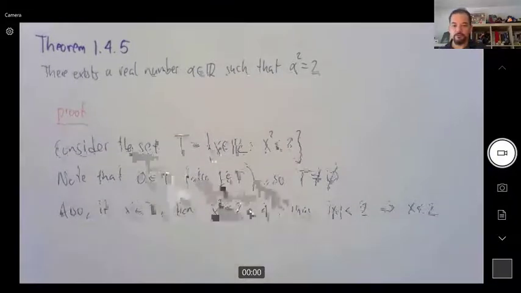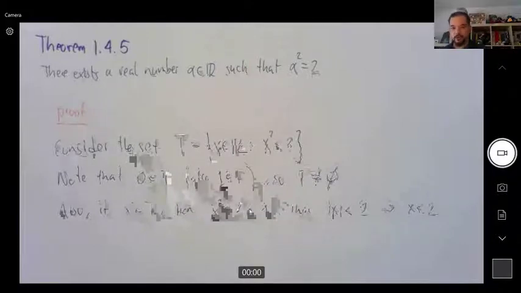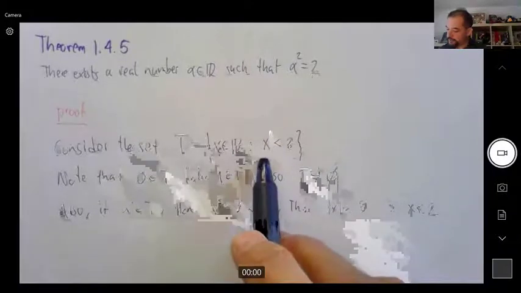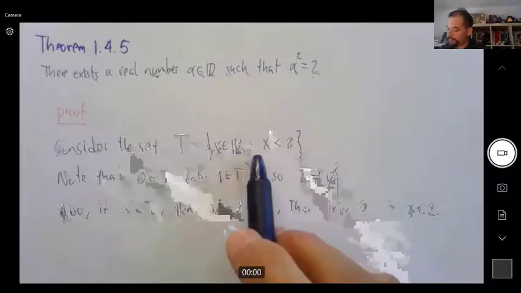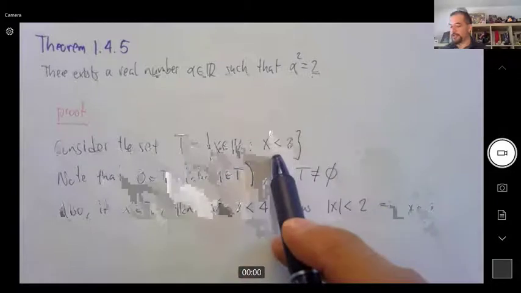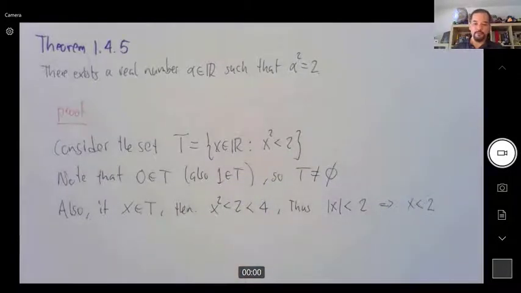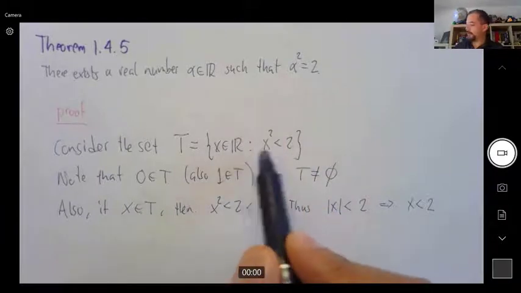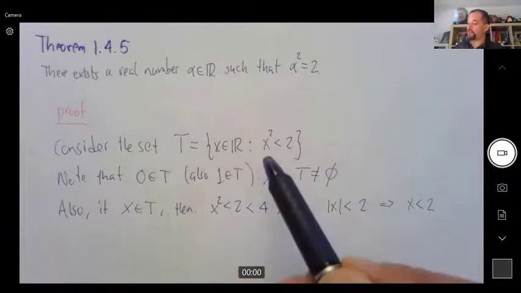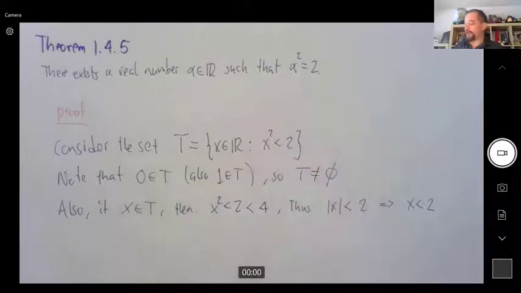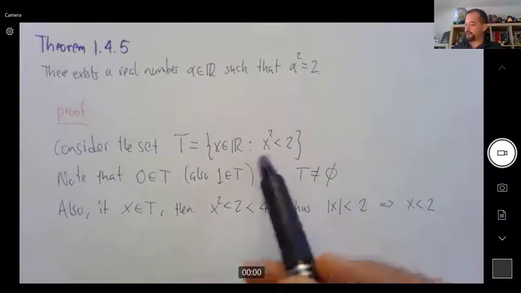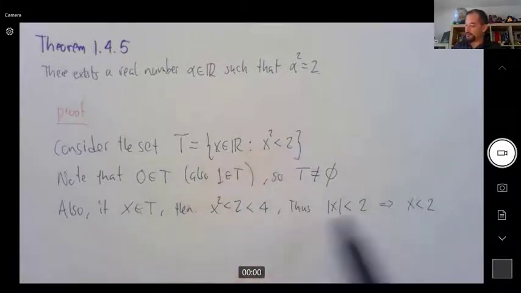So, Professor, is 0 going to be our lower bound? No, it would be negative square root of 2, right? Yes. So -2 is a lower bound for this set. We don't need a lower bound, but since you're asking, it would be similar to this, because x is less than 2 in absolute value.